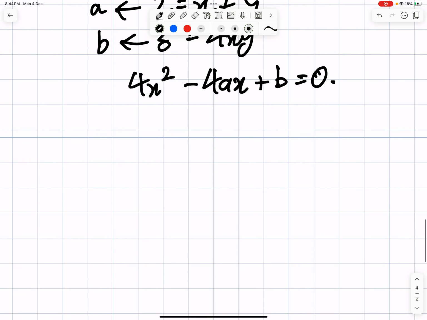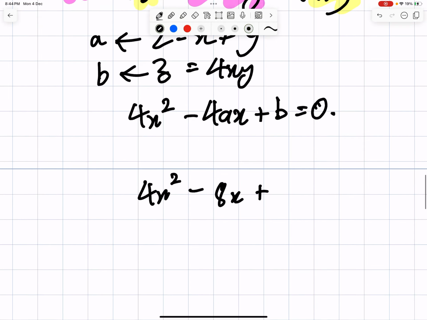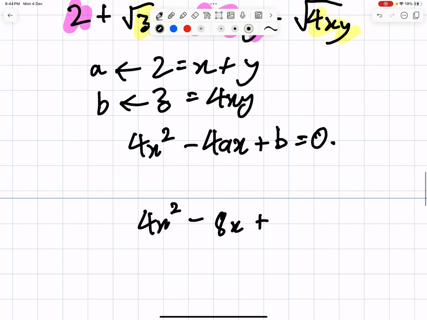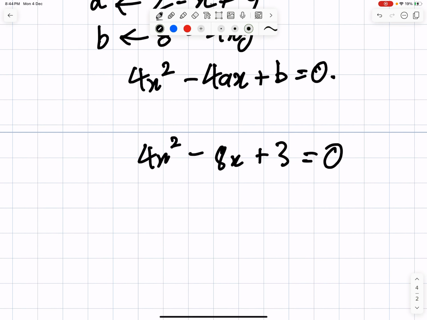So now we will solve. We substitute to get 4x squared minus 8x plus 3 equals 0.